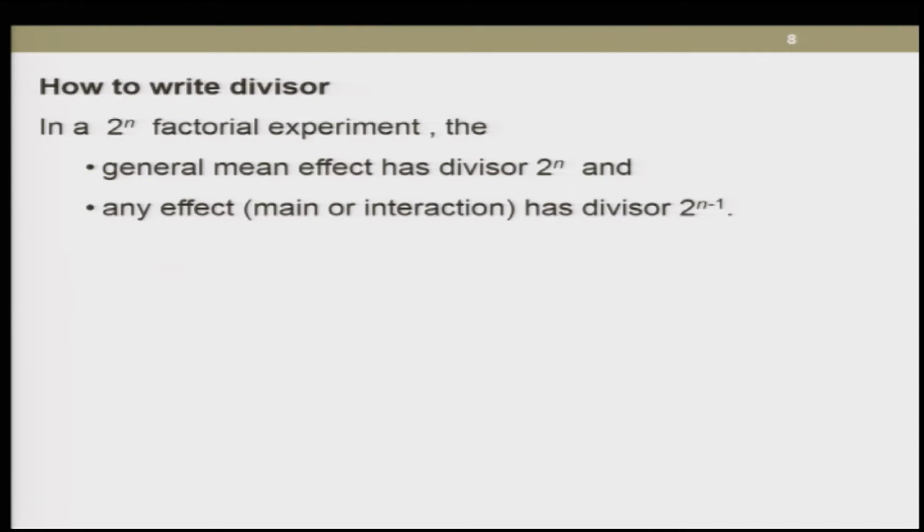So, I will try to give this expression for the general 2 to the power n factorial experiment. In the first part, I try to consider how to write down the divisor.